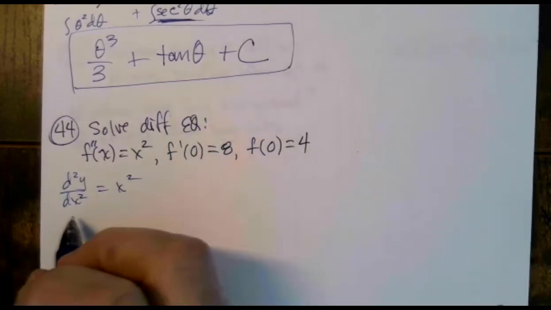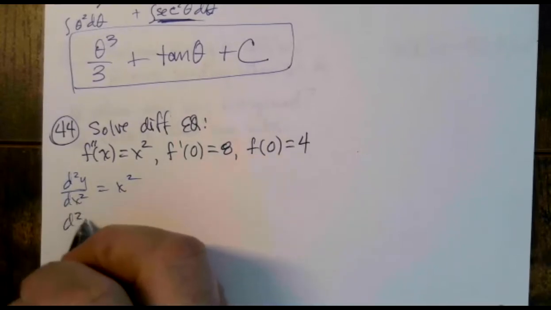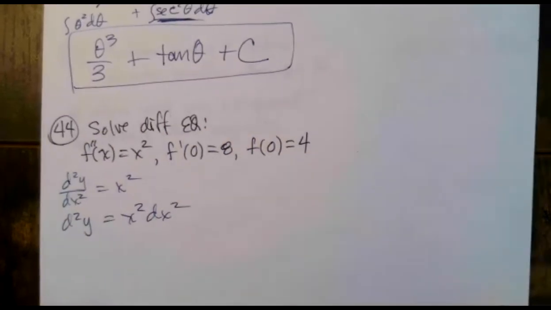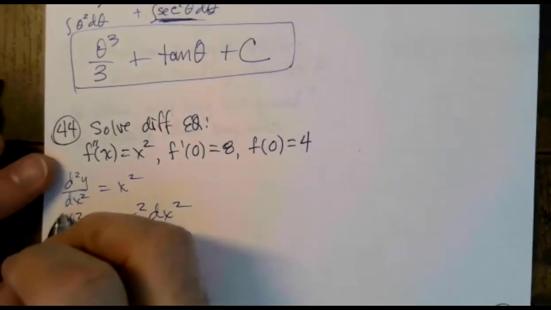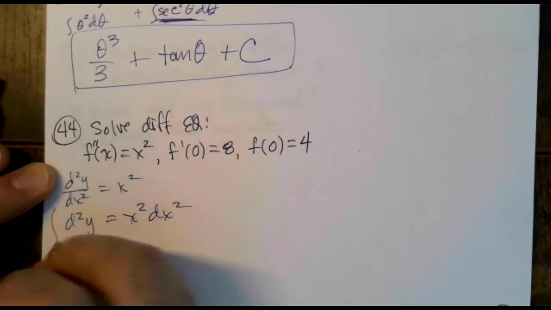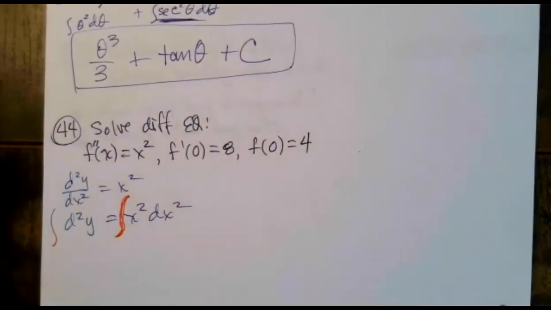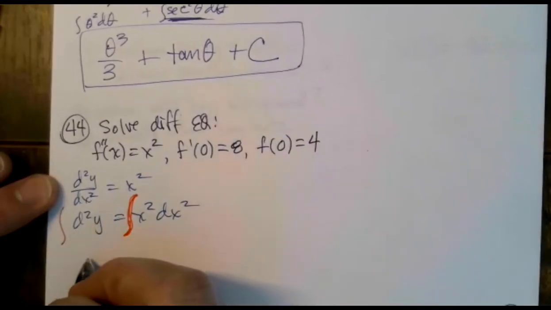So I'm going to separate variables, and then we'll do the antiderivative. I know that notation is funky. Sorry, that's supposed to be like a long S shape. There it is. Okay, so this just becomes dy.